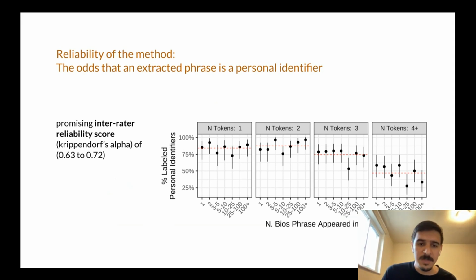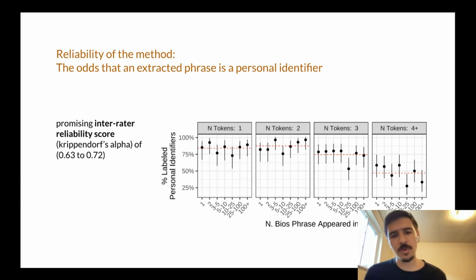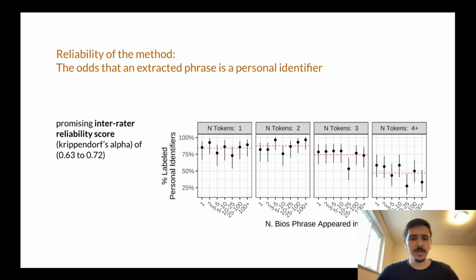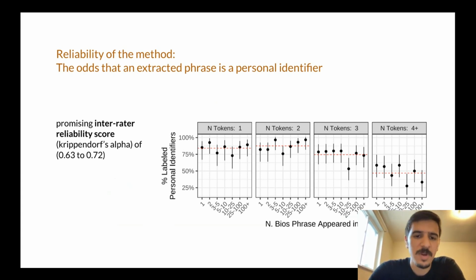We observed that for phrases that consist of 1, 2, and 3 tokens, regardless of the number of bios that they appear in, our algorithm provides good accuracy in specifying personal identifiers. But for 4 or more tokens, the performance of the algorithm drops, and we concluded to omit those phrases from our algorithm's output.